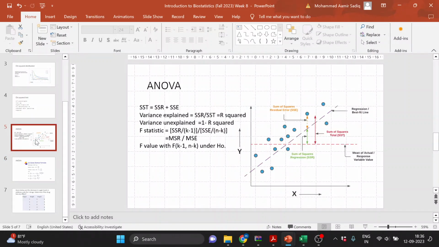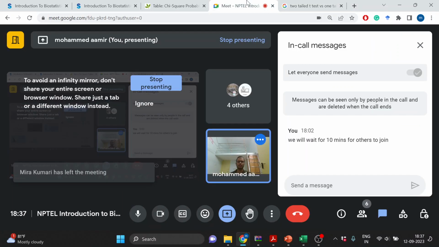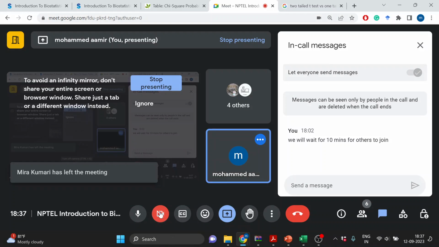What ANOVA does is it tries to fit a line to your data and calculate your variation that is explained and unexplained, and then computes an F statistic, which is given by these formulas. Any questions?